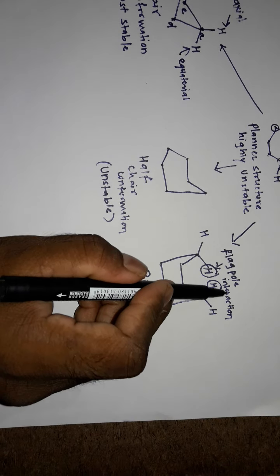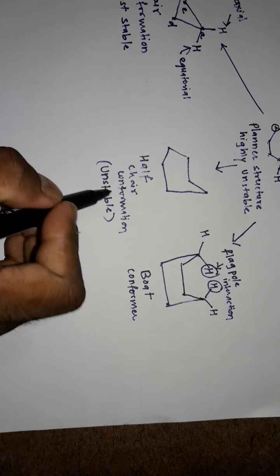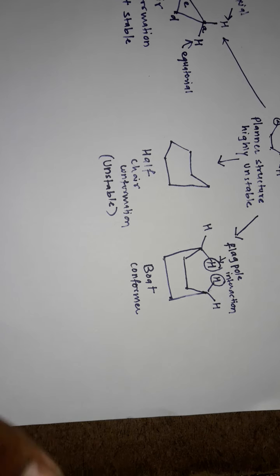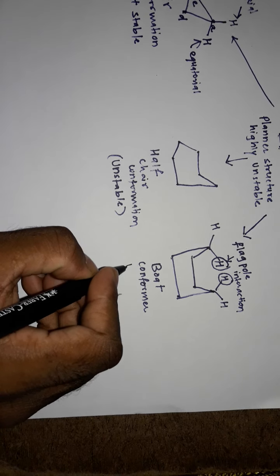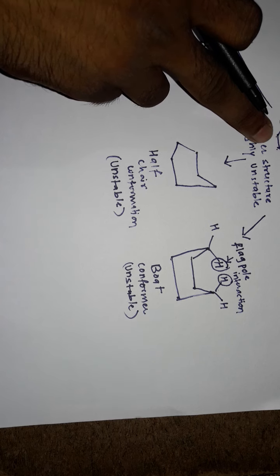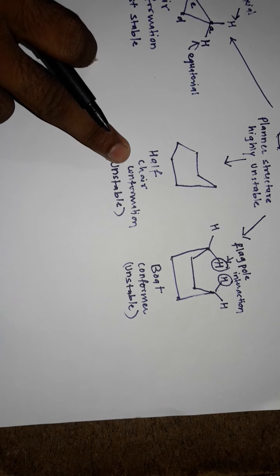So due to this interaction, this boat conformer is unstable, but obviously more stable than cyclohexane and more stable than the half chair.